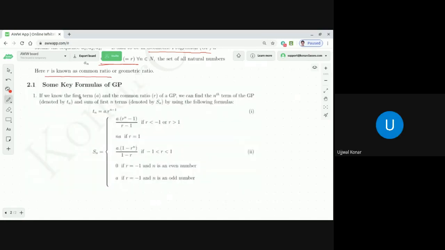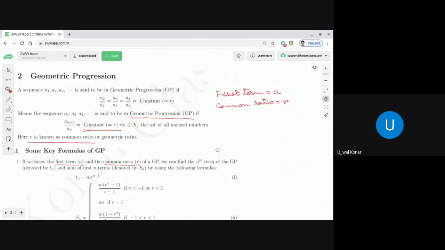So if we know the first term A and the common ratio R of a GP, okay. Let me give you some examples before proceeding further. Suppose one example could be 1, 2, 4, 8, and so on.